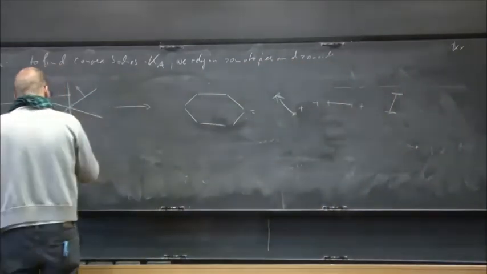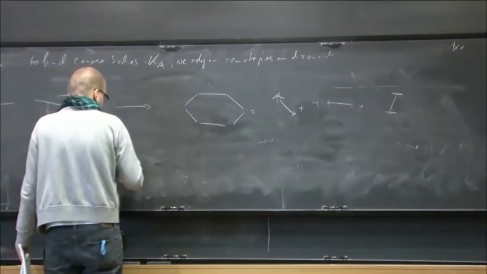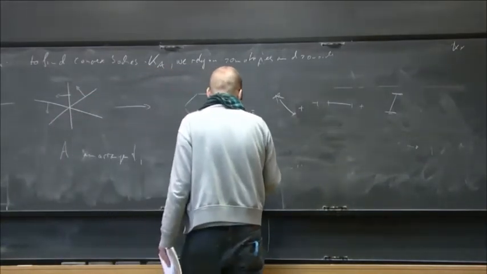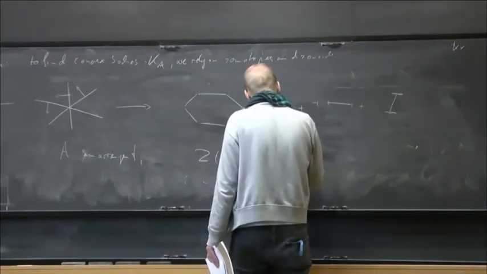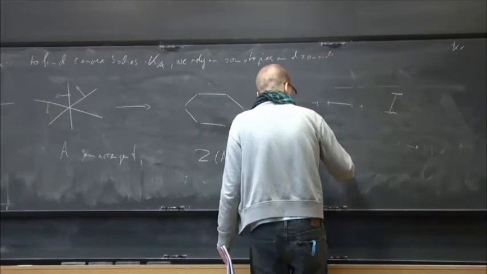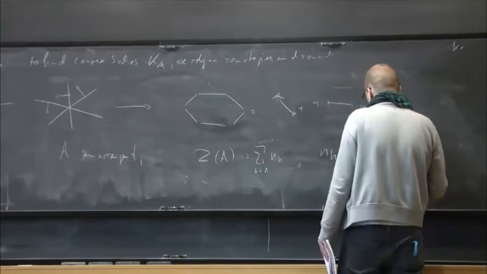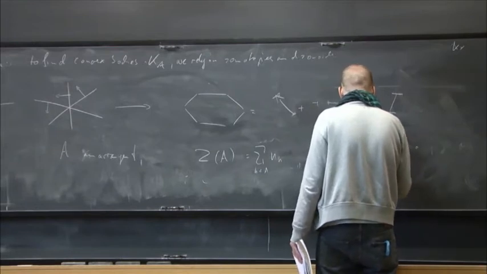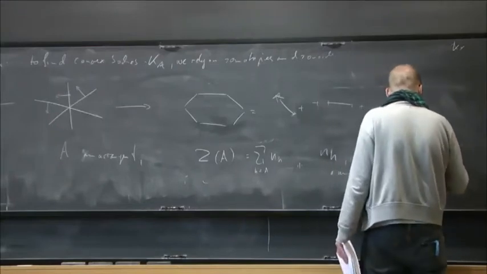So in general, if A is an arrangement, then I map it to the zonoid Z of A, defined as the Minkowski sum over what I call the generalized normals n of H over subspaces H in A, where n of H is a unit volume disk in H perp.